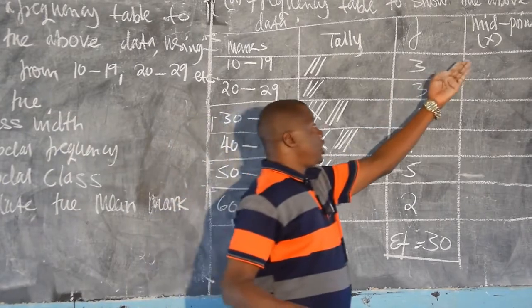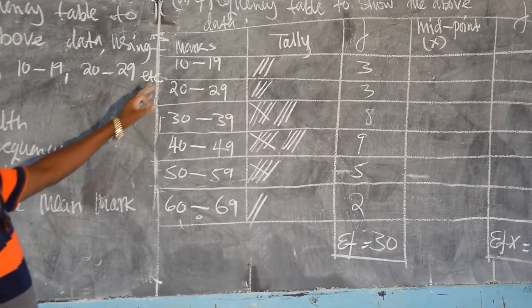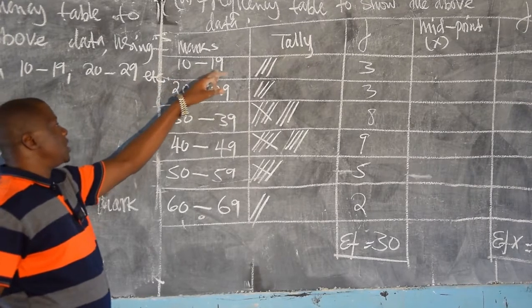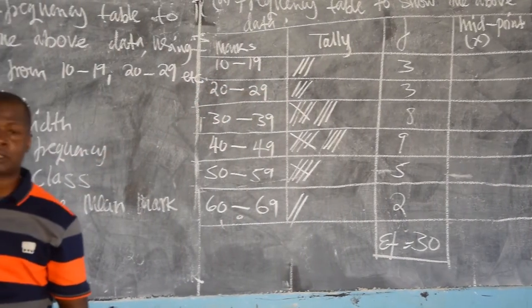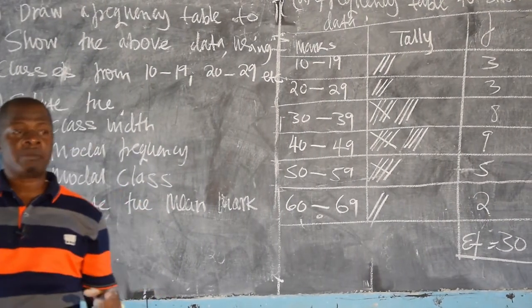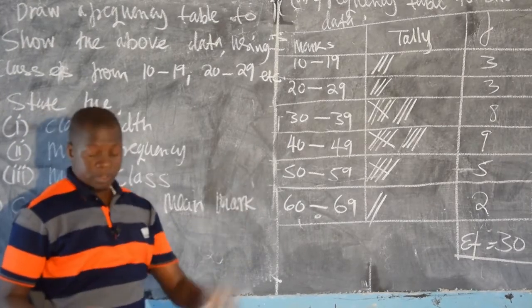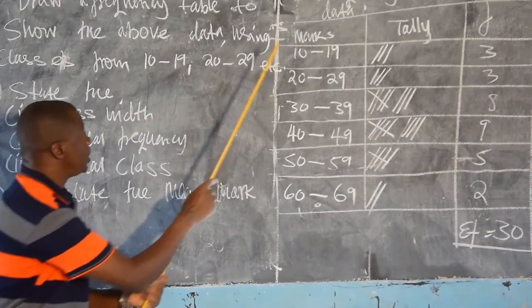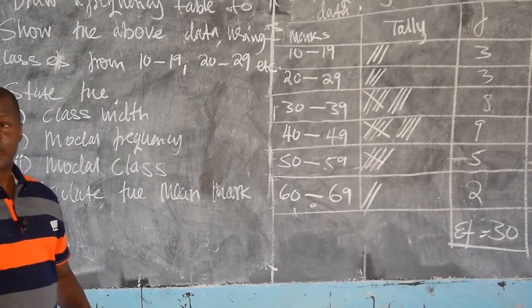The midpoint or the class mark, we add lower plus upper. Assuming that you have 2 papers, at the beginning of the term and the end of the term, we need a median mark or the average. That is our x. So we add this. 10 plus 19, 29.